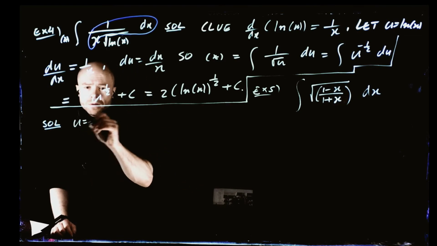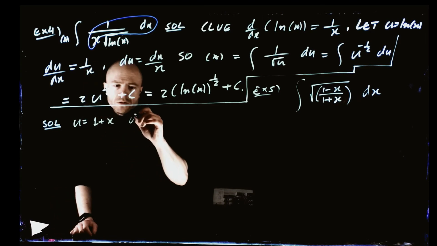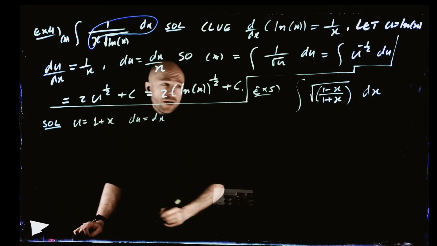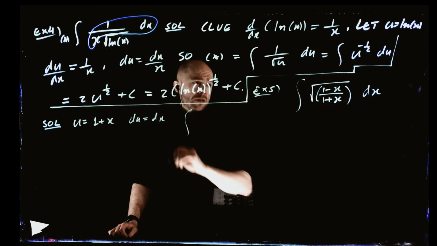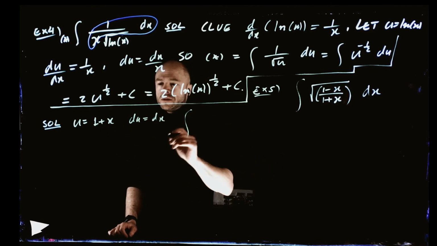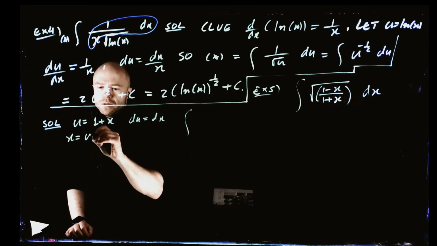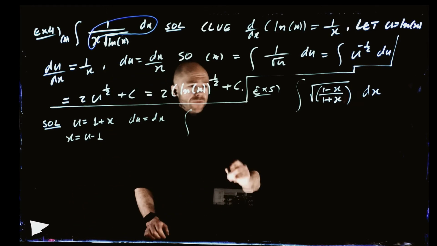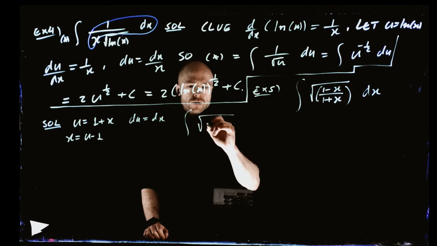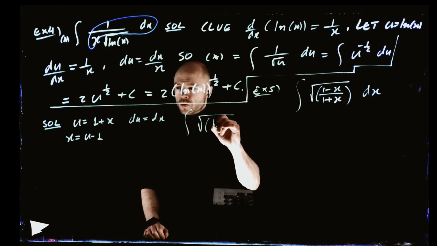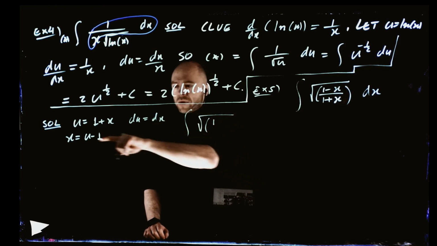So if we let u be 1 plus x, then du equals dx. And then what happens to this? Then x is equal to u minus 1. And then we're going to have the square root of 1 minus this thing.